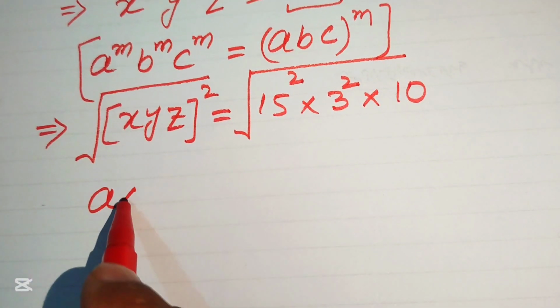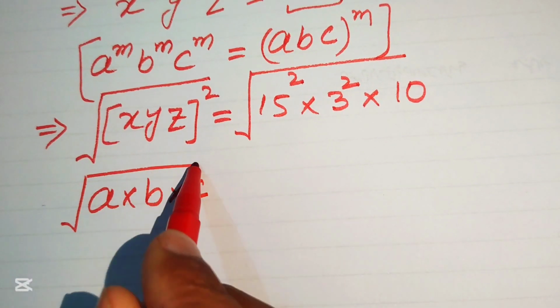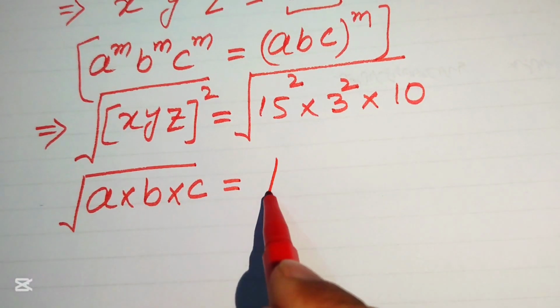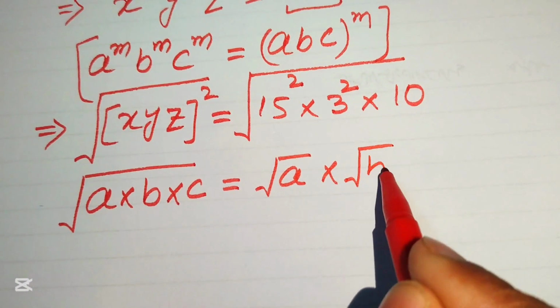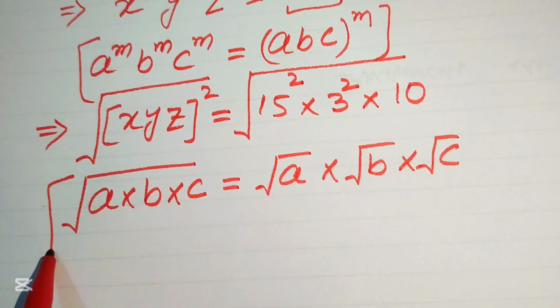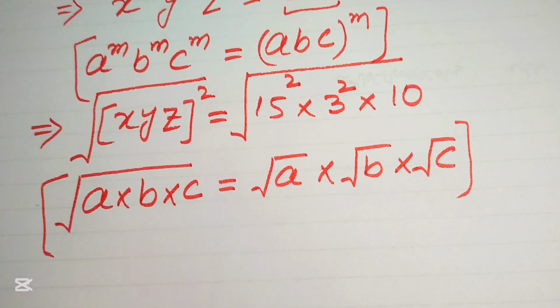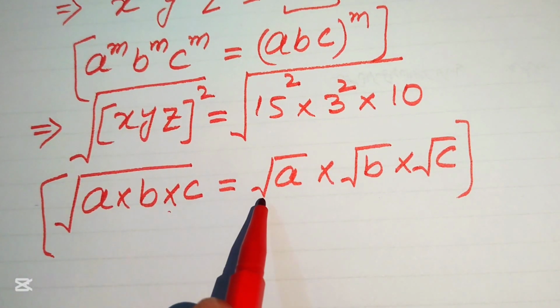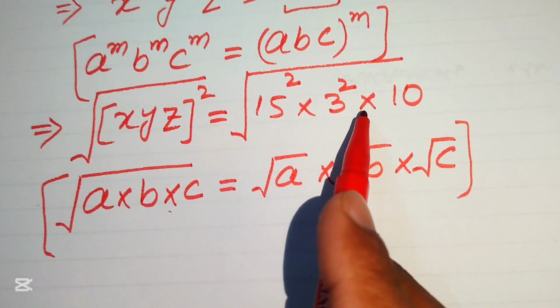You know that if we have a multiplied by b multiplied by c and its whole square root, we write it as square root of a multiplied by square root of b multiplied by square root of c. So according to this rule, we can apply it in the right hand side, and we can break the square root onto each of these terms.